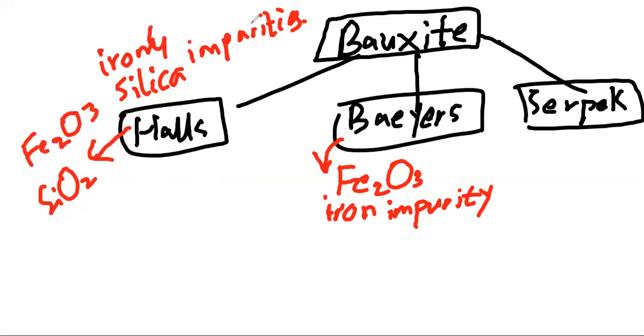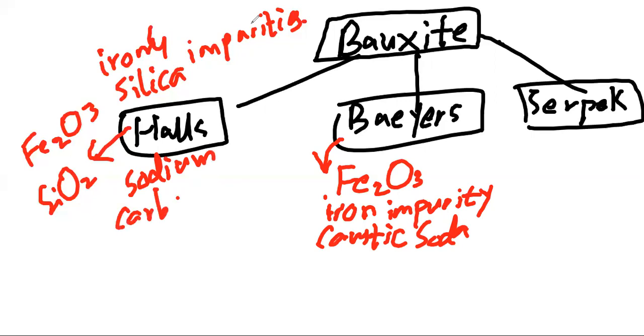In this method, bauxite is treated with strong caustic soda. In Hall's method, sodium carbonate is used, while in this one caustic soda is used. The same sodium aluminate is formed after treating with caustic soda.